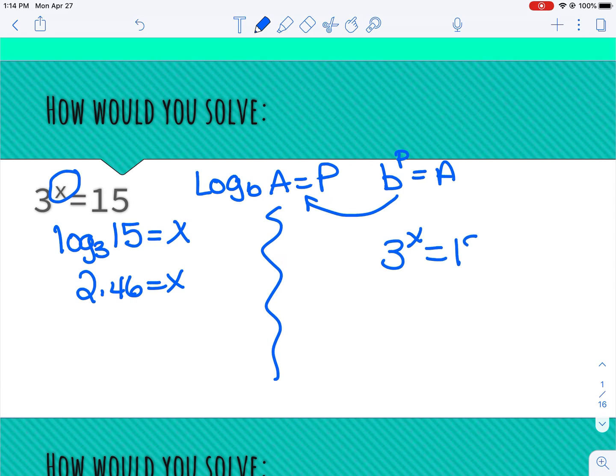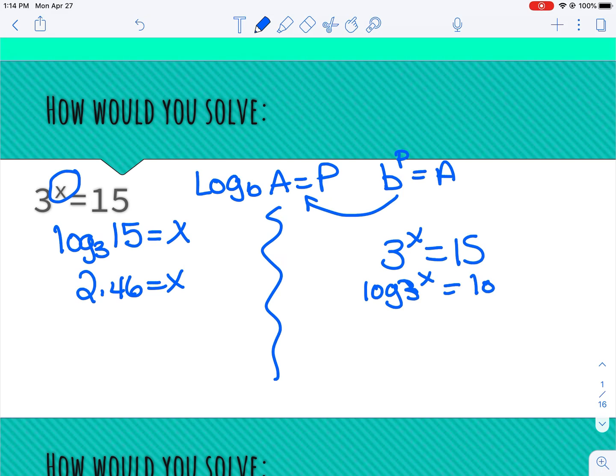Okay, alternate way to do this. If 3 to the x equals 15, and this might be a workaround for some of you who like to use your iPhone, we can actually change the bases. If you agree that you can do anything you want to an equation as long as you do the exact same thing to both sides, this method will work.